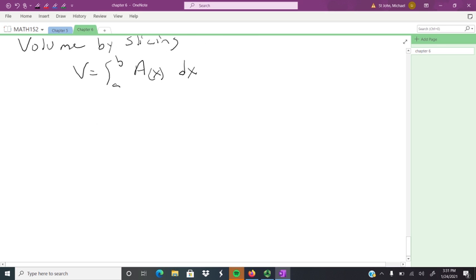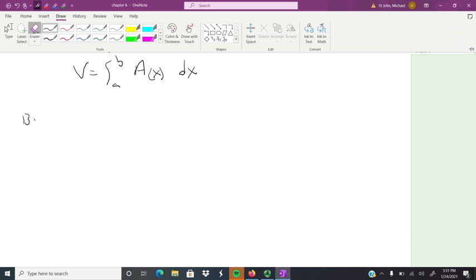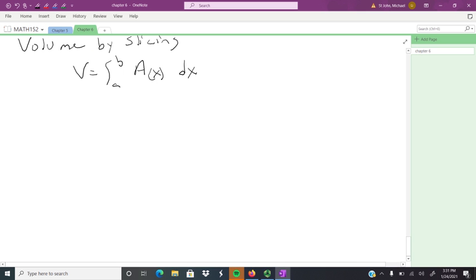But then a couple other particular methods is the disk and washer method. And with respect to the x-axis.